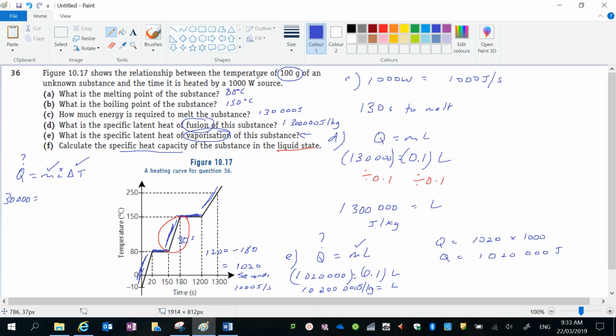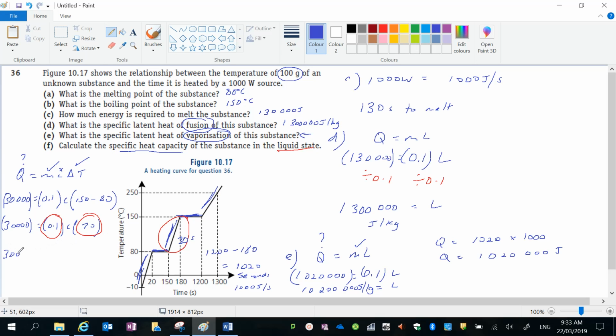Equals mass, so 0.1 kilos, times C, which we don't know, that's what we're trying to find out, times the change in temperature. So 150 take 80. Okay, so that's 30,000 equals 0.1 times C times 150 take 80 is 70. So next, there's a few ways, but I'm just going to multiply the 0.1 times the 70 to turn that into one number.